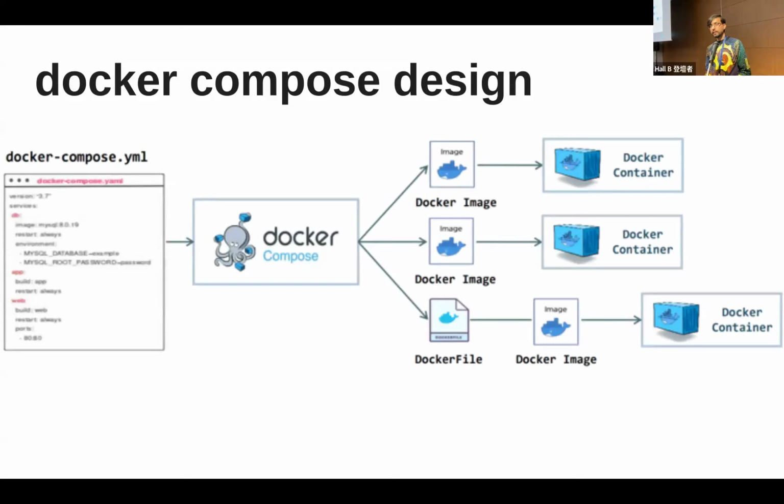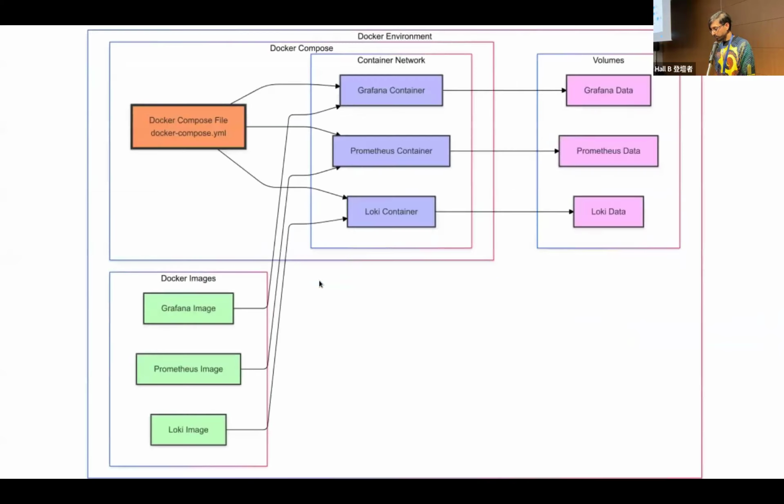This is a screenshot which I took from the internet, but it's a very good example: you have a Docker Compose file, and when you run Docker Compose, you have Docker images, and then it creates the container. This is a very normal scenario.